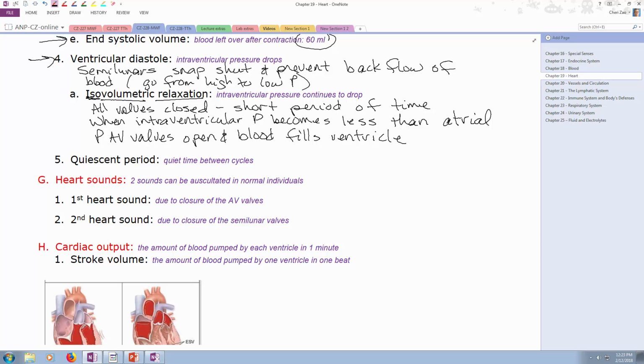And as this is occurring, this is what I was trying to tell you guys earlier. The bulk of ventricular filling is passive. This is that passive time right down here. The bulk of ventricular filling is passive. This is very important because this is why people who have atrial fibrillation do not need to have their heart rate adjusted by any sort of a pacer if they have a pretty good heart rate still going for them, because ventricular filling is predominantly passive.